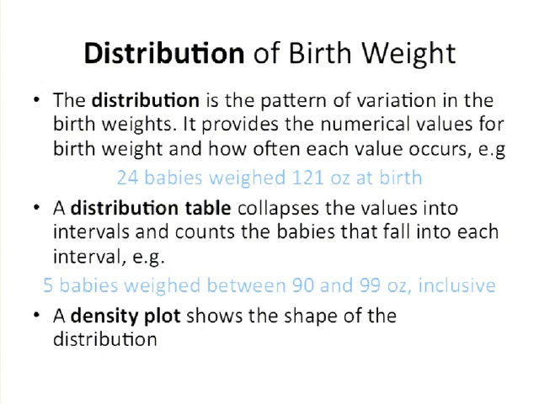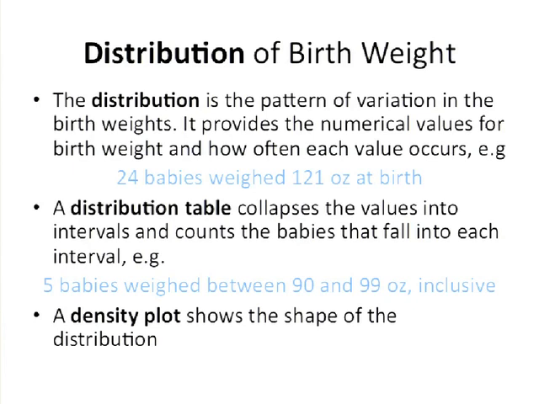And essentially what a distribution is saying is what are all the different possible values that we've seen in our data and how many different occurrences of each of these values there are. So in particular, for 121 ounces, there are 24 babies in our Kaiser study that were born weighing 121 ounces.